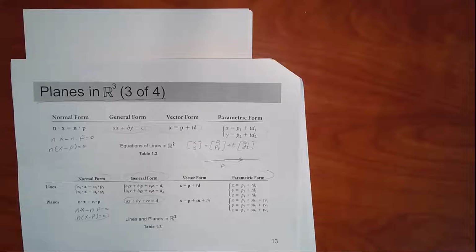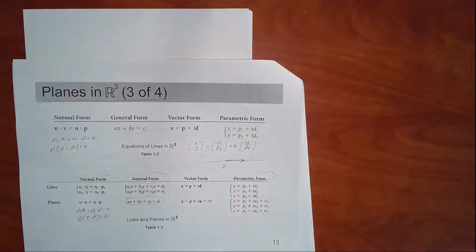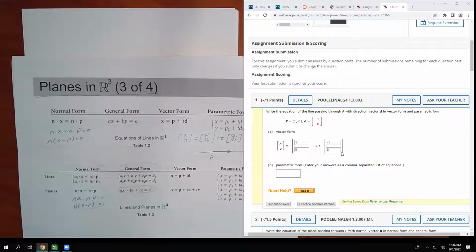Let's check how we're going to write down the parametric form. I told you we can extend that from the vector form, we can find the parametric form. So again, X, Y, P, this is the vector form. So 1, 0, and here is -1, 8. Now, how am I going to extend that to get the parametric form?